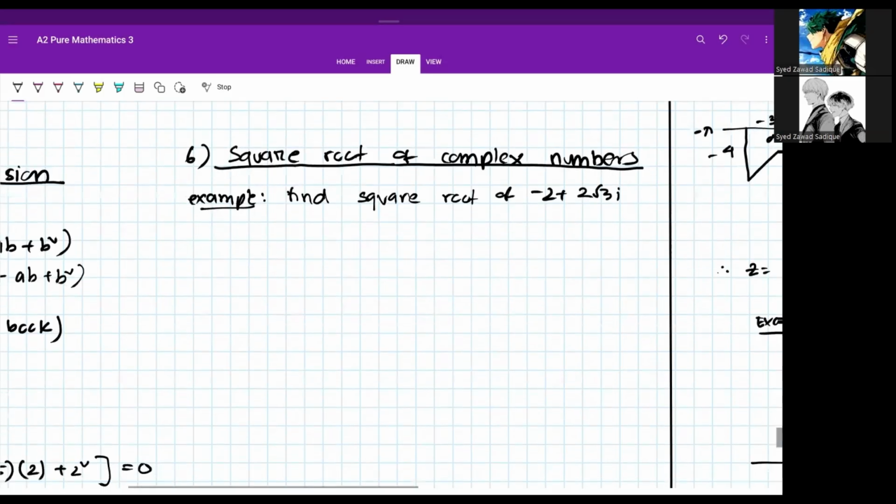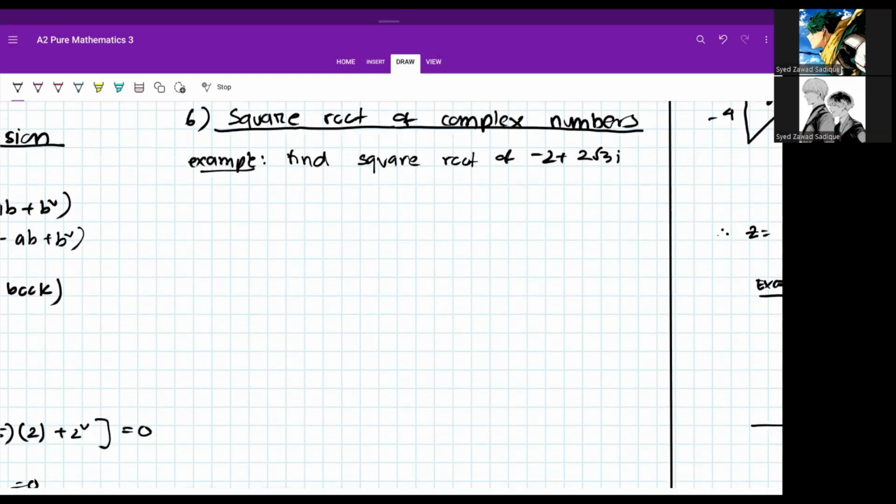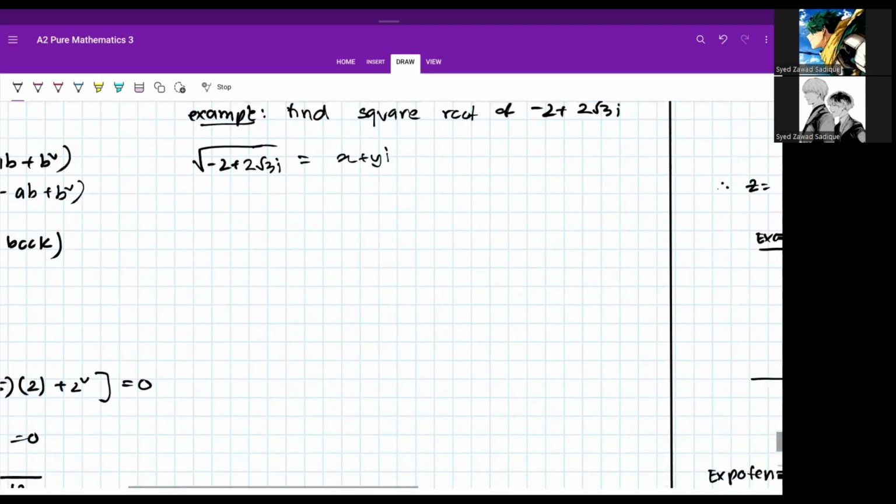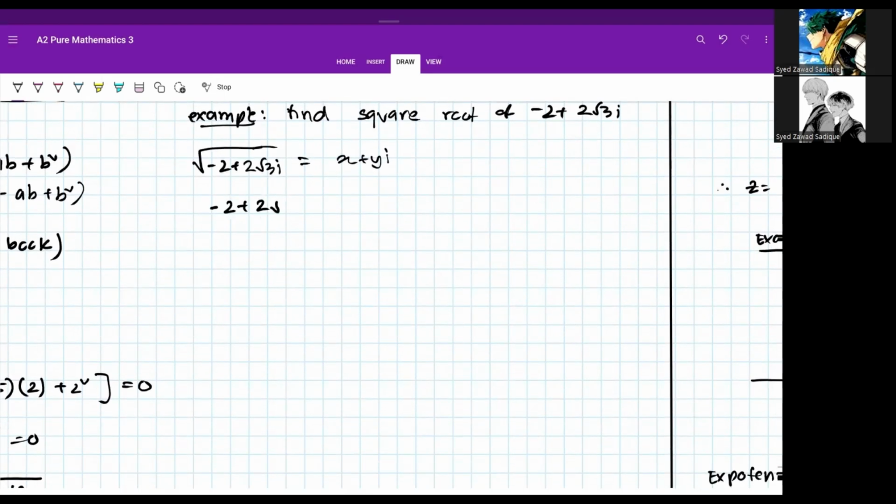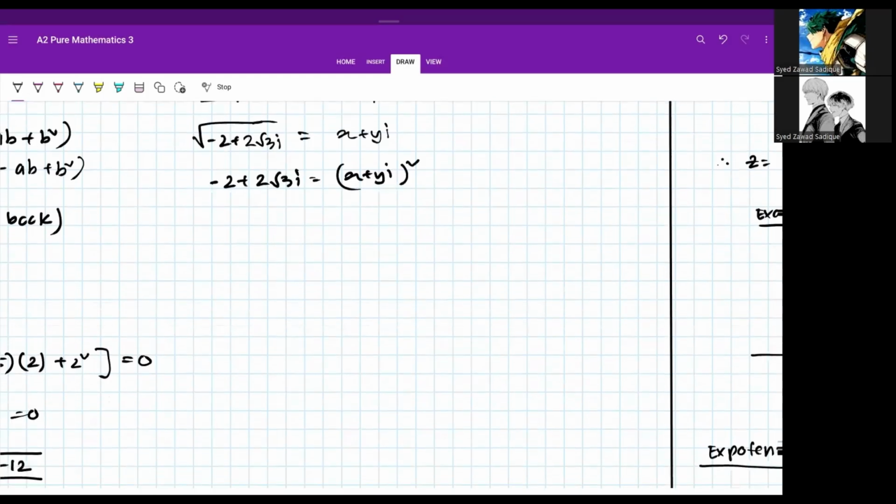So, we can say that the square root of minus 2 plus 2 root 3i is equal to x plus yi. Then minus 2 plus 2 root 3i is equal to x plus yi whole square, which will lead to x square minus y square plus 2xyi is equal to minus 2 plus 2 root 3i.